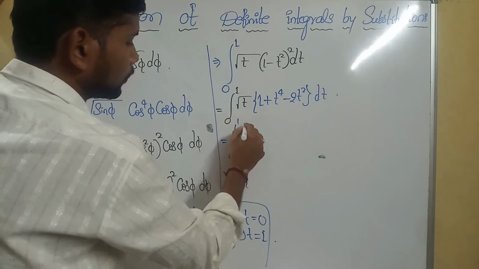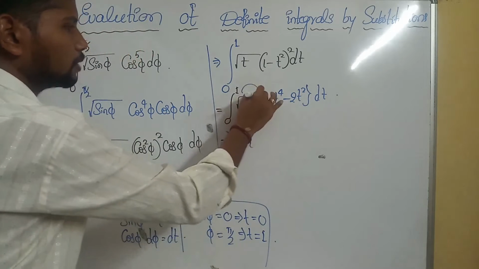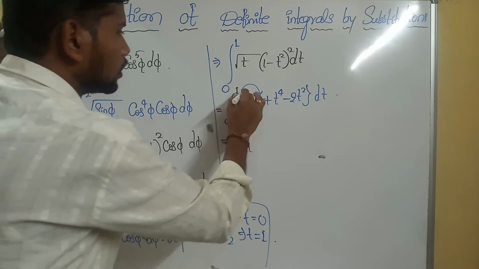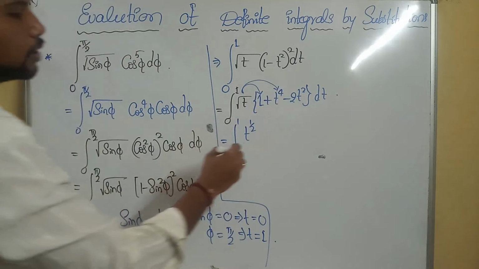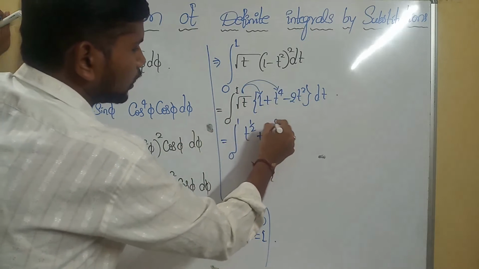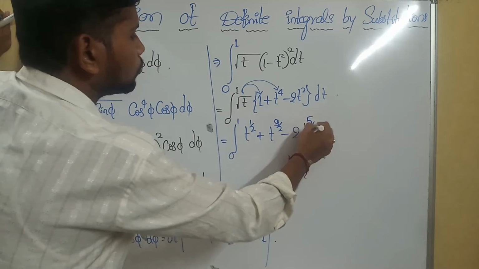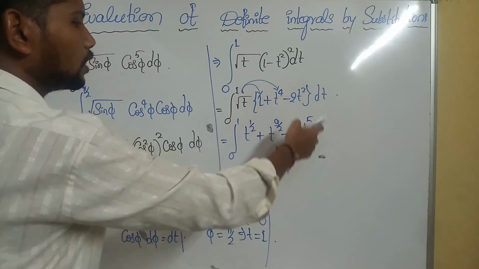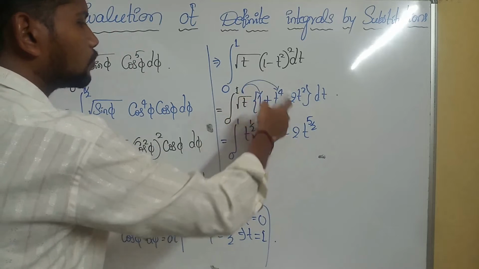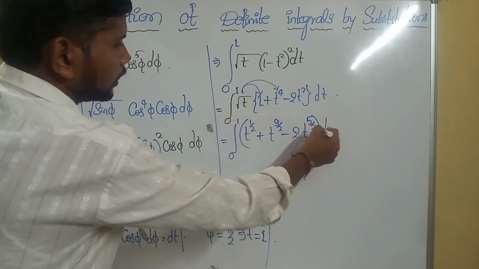It will be t to the power 1 by 2 only, first term multiplying. Then it is multiplied to the second term. It will be t to the power 9 by 2 minus 2 into t to the power 5 by 2, means 1 by 2 plus 2, it is 5 by 2, and 1 by 2 plus 4, it is 9 by 2. Got it? Any doubt in this part?